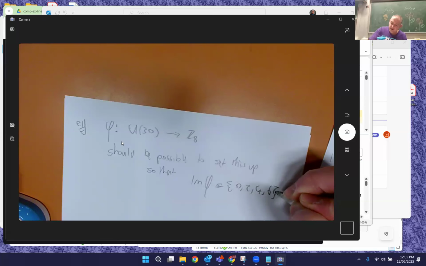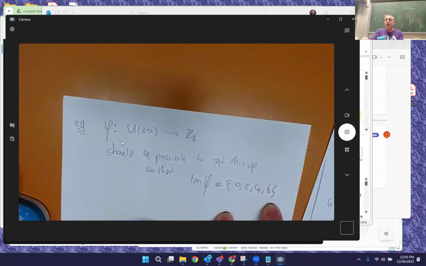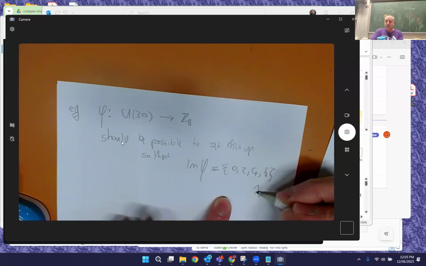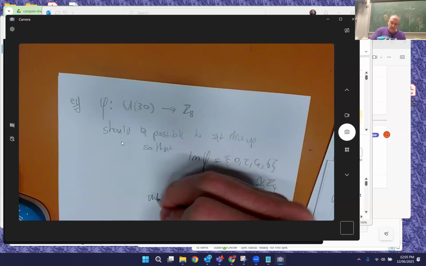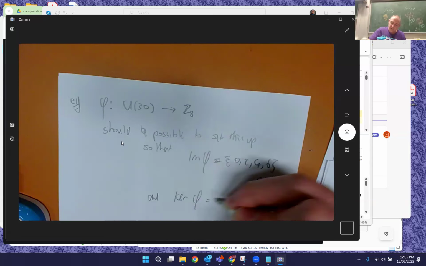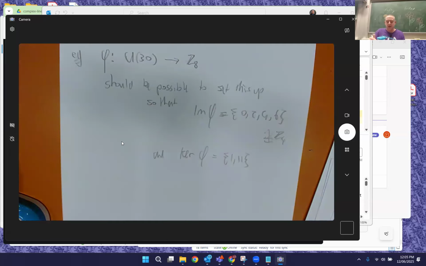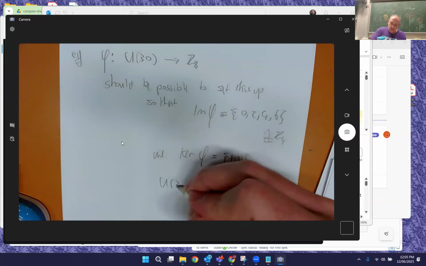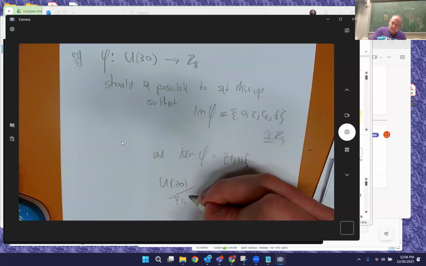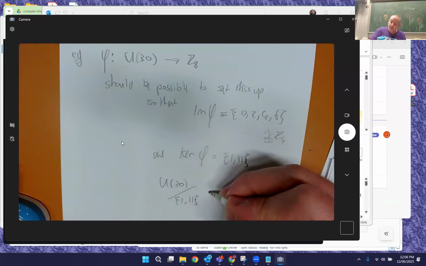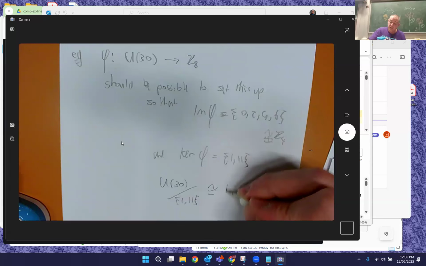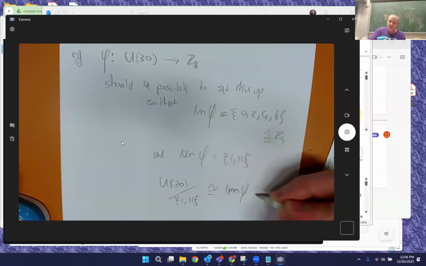It should be possible to set it up so that the image was this, which is isomorphic to Z4, and the kernel is this, because then you would have that U30 factored out by the kernel is isomorphic to the image, which is Z4.